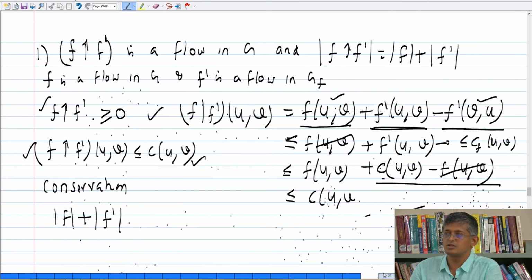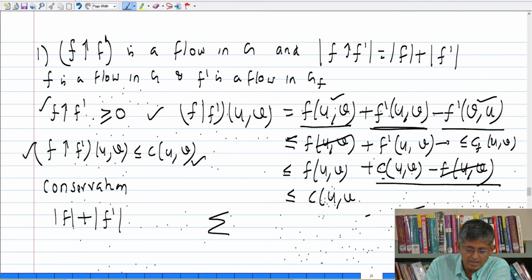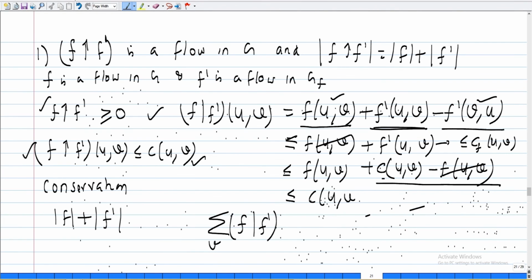Okay. I think I'll just stop here, because most of this is just observations. When you look at conservation, you have to write down at any node u other than s comma t, the summation over v, that this is equal to f augmented with f prime, v comma u.